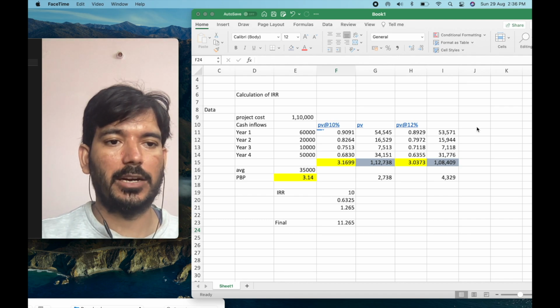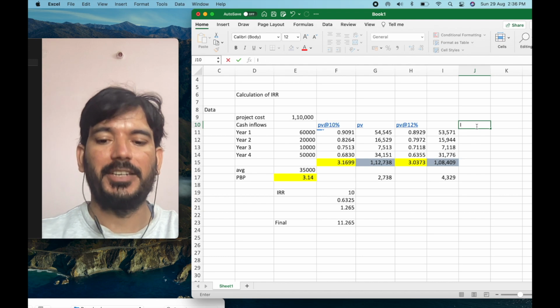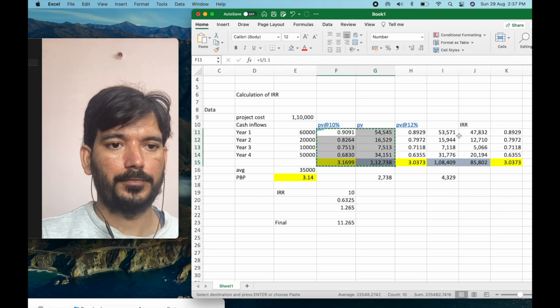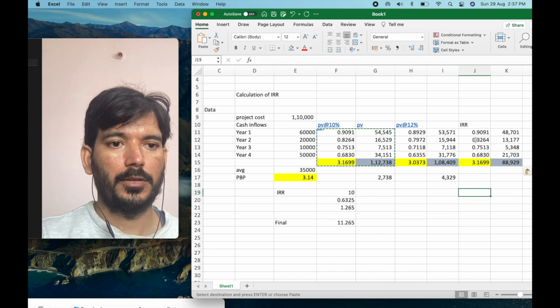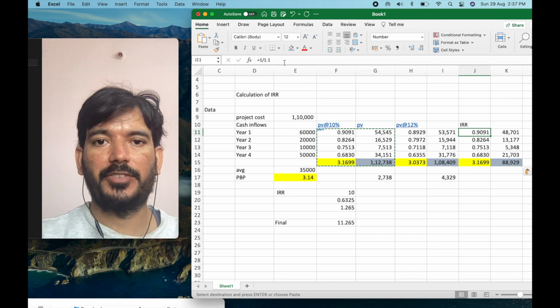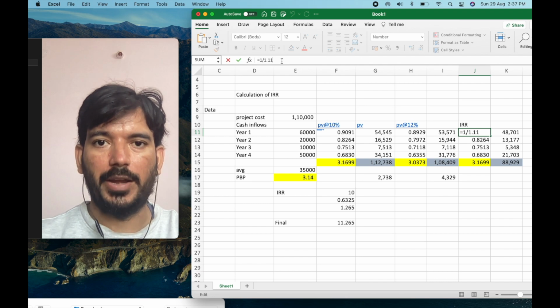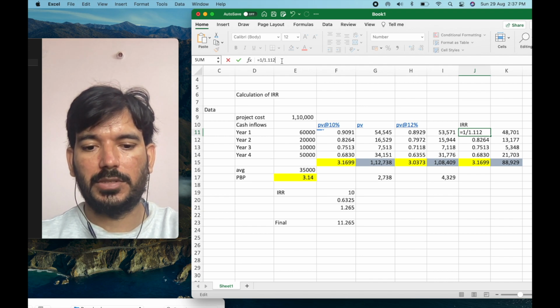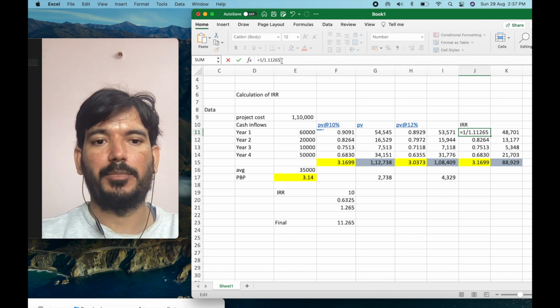Okay, so we will check that also. It's just like a proof that we have done it right. Here we have taken 1.1, which means 10%. Instead of 10%, we will take 1.1265, which means 11.265 percent.